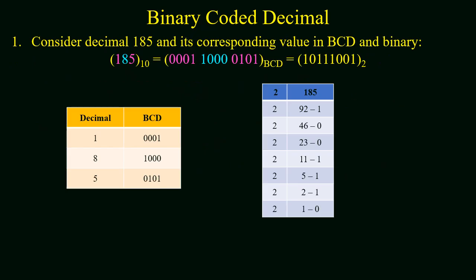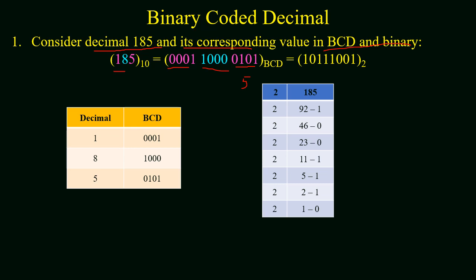Now consider another example. In this, decimal 185 is represented by its corresponding value in BCD and binary. For BCD, we know that we have to replace each individual digit by its corresponding BCD code, and we have to maintain the order. At unit place we have 5, so BCD will be 0101.